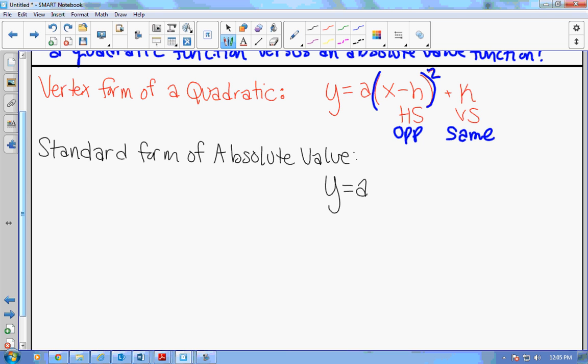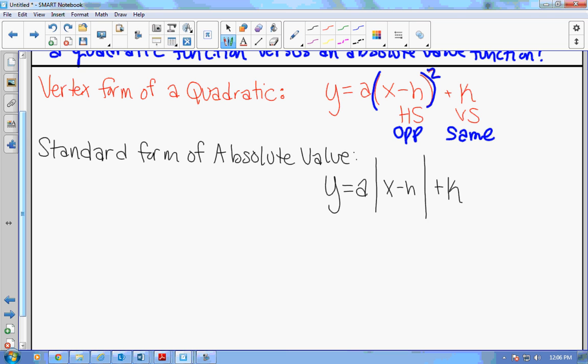Now make sure your bars are tall enough and long enough that they don't look like ones. X minus H, close up the absolute value, plus K. Does that look similar? Yes. Yes, it does. What are some similarities? I promise you, those look the same. Pretty close. They both have an A.